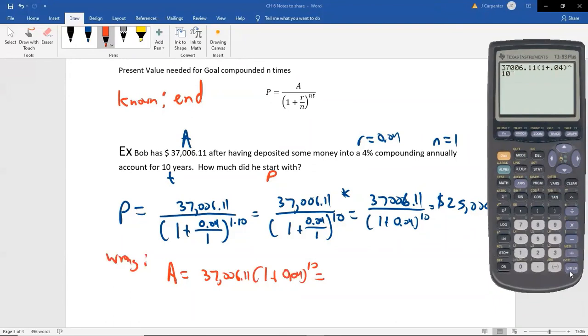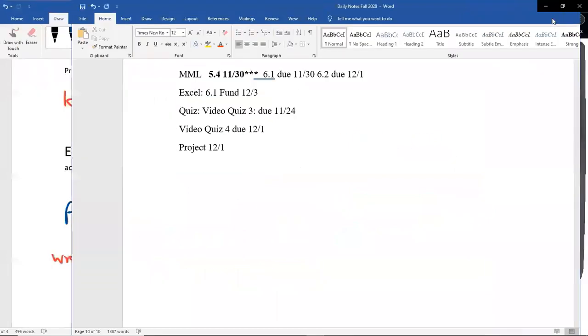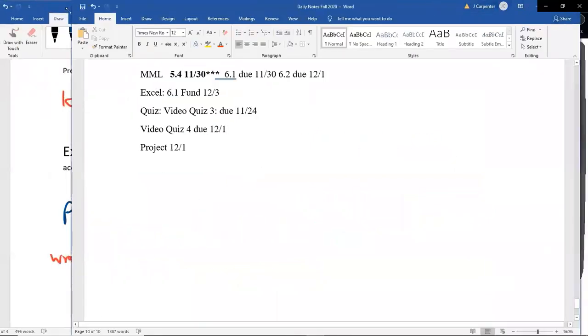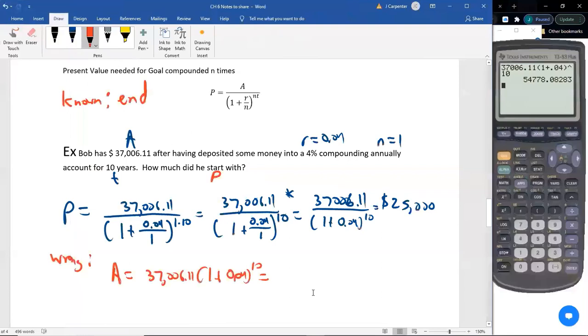When I hit enter, I can instantly tell I've used the wrong formula if I pay attention and ask, does it make sense? I got $54,778.08. Does that make sense?